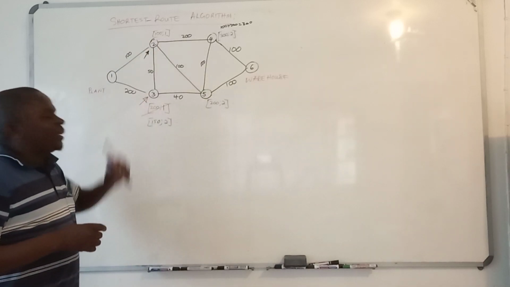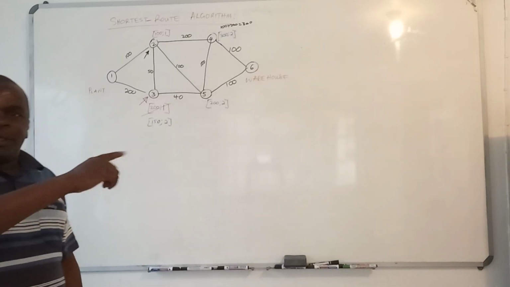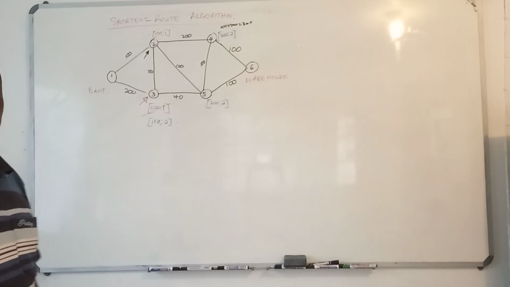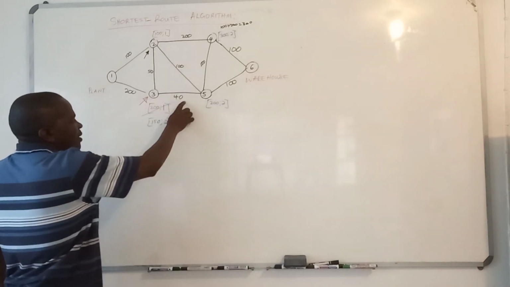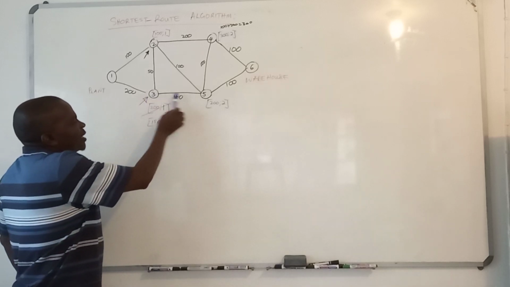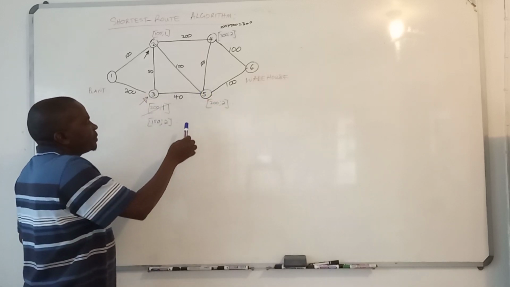And then from node 3, how many possible routes are there? We only have one, which is worth 40 units. And where is it taking us to? It is taking us to node 5.